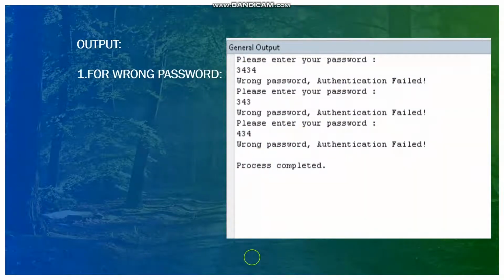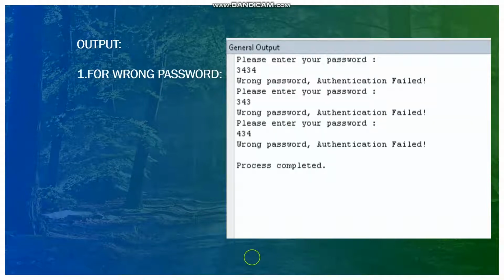Thanks, Mr. Vaigish. Now I'll present the output for this presentation. Okay, as you can see here, if we enter the wrong password, we will get authentication failed, which means that the password we put isn't registered or we didn't include it in the coding.